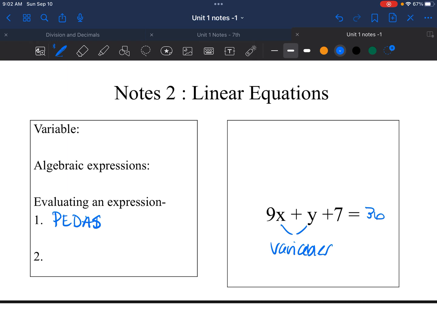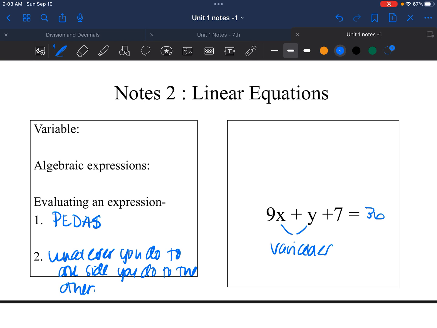You have to evaluate your expression the same way that we would evaluate an expression without a variable in it. And finally, whatever you do to one side, you do to the other. So that's a really important part.